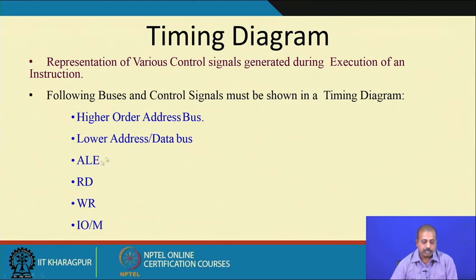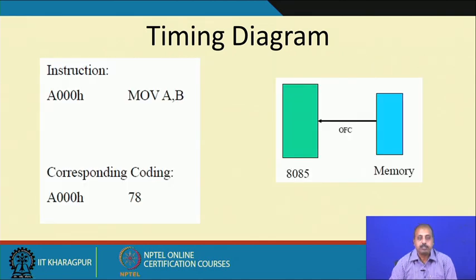As you remember, read and write are complementary signals, read bar and write bar, so they are active when the value is low. For the IOM bar signal, if it is doing a memory access, this line will be equal to 0, and if it is doing input output from a device, then the IOM bar line will be equal to 1. We will explain it as we proceed.